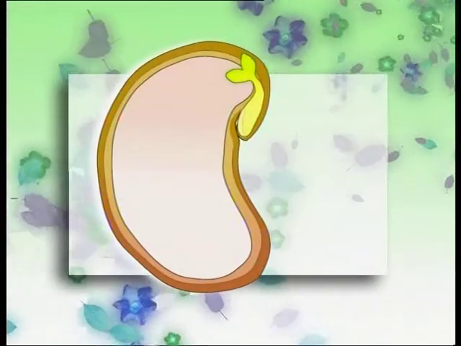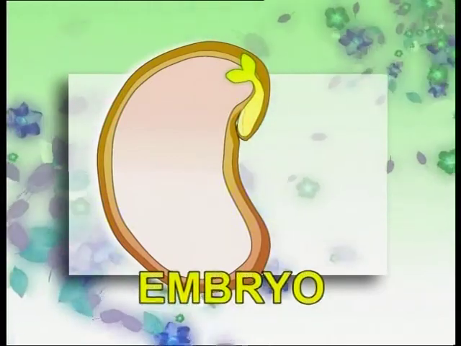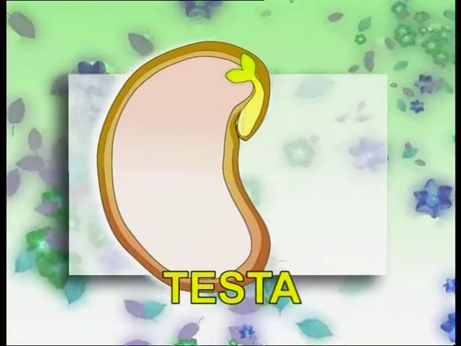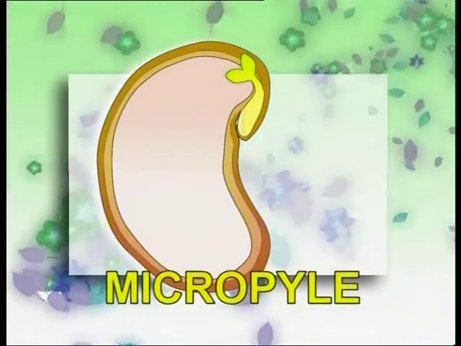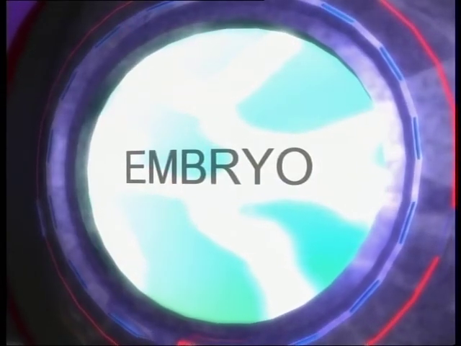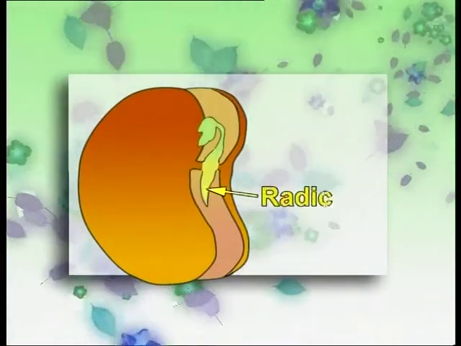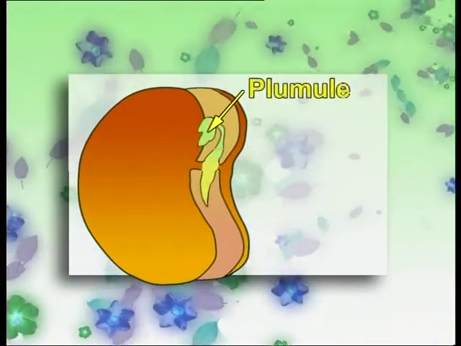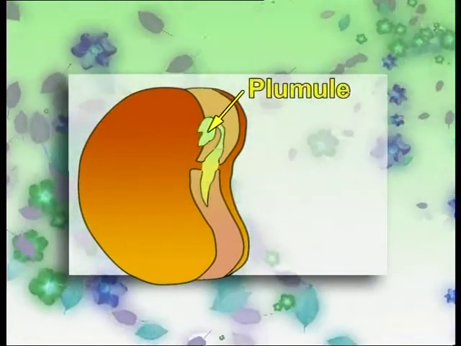It is made of the embryo, the cotyledons, the testa, and the micropyle. The embryo consists of the radicle that will eventually become the root and the plumule that will, whether it likes it or not, become the shoot.